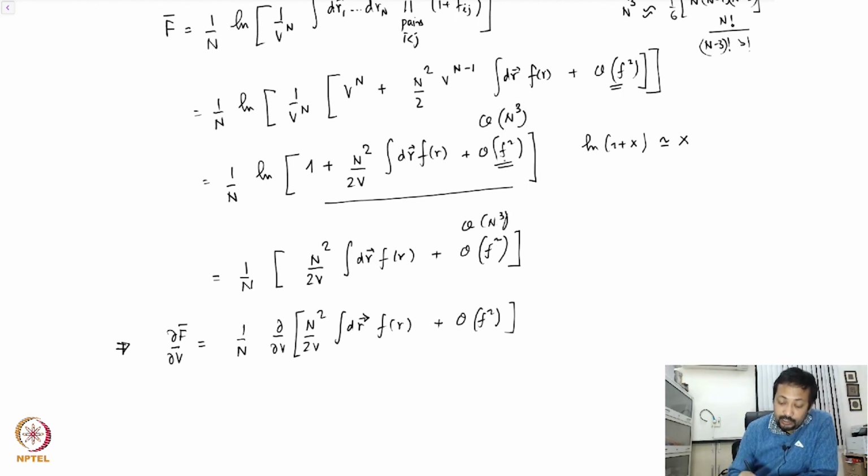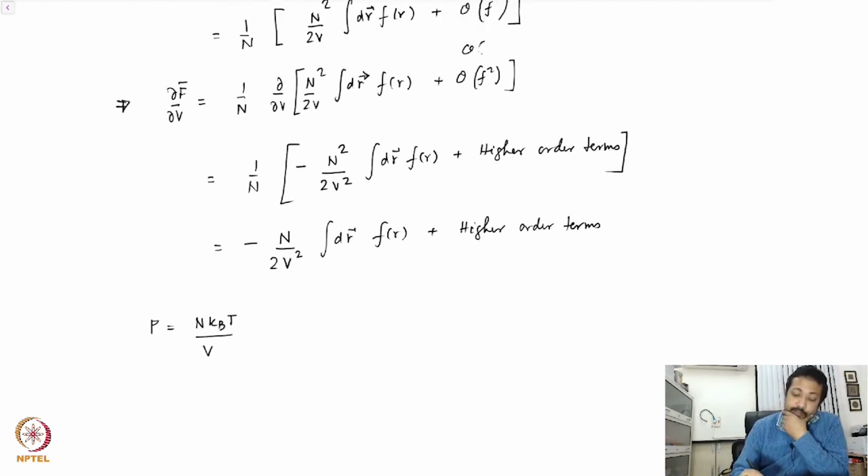So when you say that you ignore this f squared term, essentially you are looking at a term of the order of N cube. Even though I have written it as order f squared, just to emphasize that I am ignoring such terms, in reality that translates, because after all you are going to integrate over this coordinate, to an order N cube term which you have neglected.